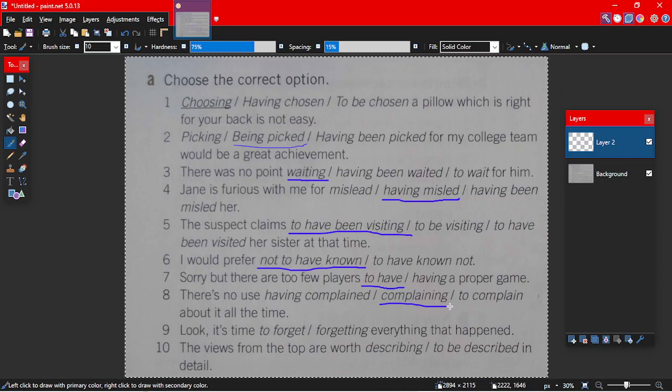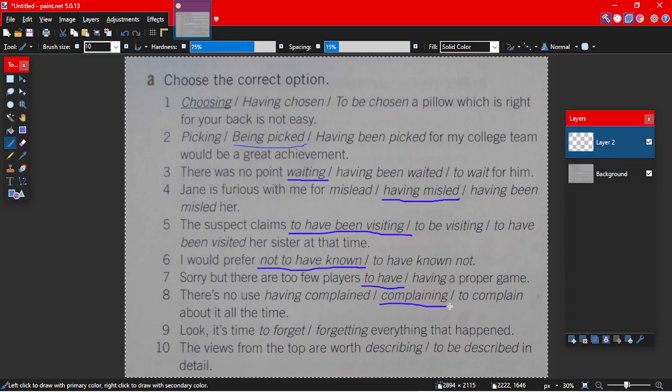Because if you say "there are too few players having a proper game," it's like there are players playing, but they are too few. It kind of doesn't make sense. Maybe in some larger context it could make sense, but isolated like this, that phrase doesn't make a whole lot of sense.